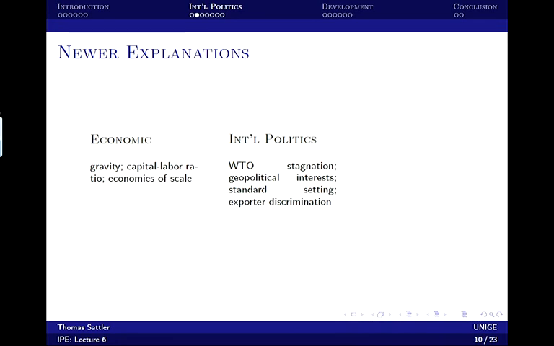And a fourth explanation is how one PTA sets off an automatic mechanism that leads to more PTAs. If we have more PTAs, then there will be, again, more PTAs automatically, because those parties that are now suddenly being discriminated against also want to have them. So I'm going to work through them step by step.